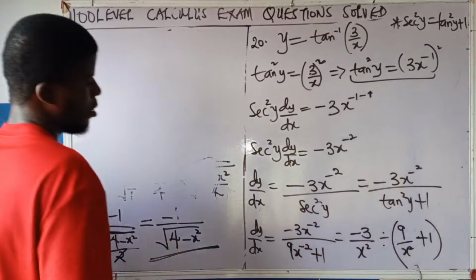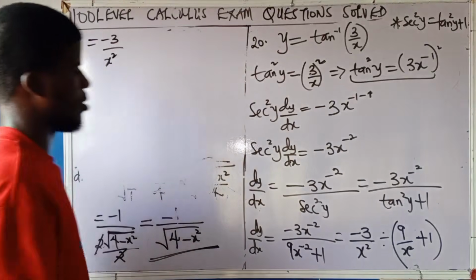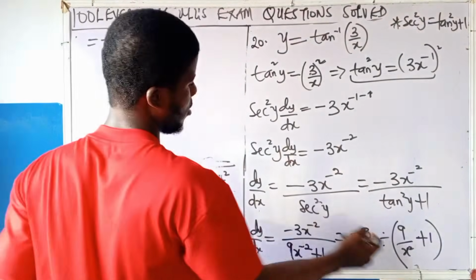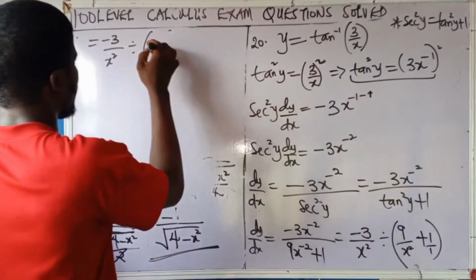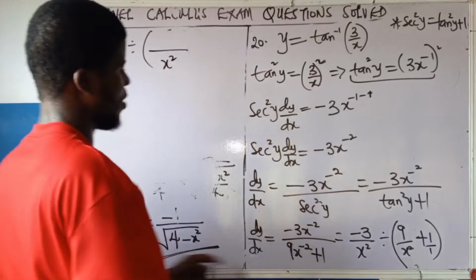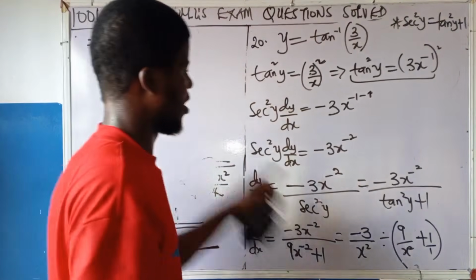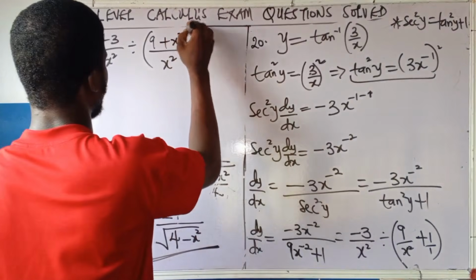So we have minus 3 over x squared, divided by, let's do LCM here. This is 9 over x squared, this is 1 over 1. The LCM is x squared. X squared divided by x squared is 1, 1 times 9 is 9. X squared divided by 1 is still x squared, times 1 is x squared.